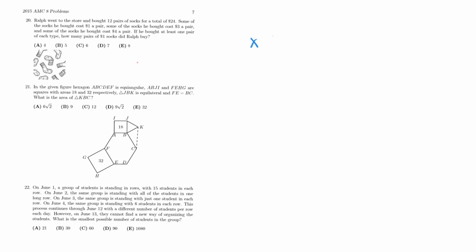Let X, Y, Z be the number of pairs of the $1, $3, and $4 socks. So X plus Y plus Z is the total bought, which is 12.